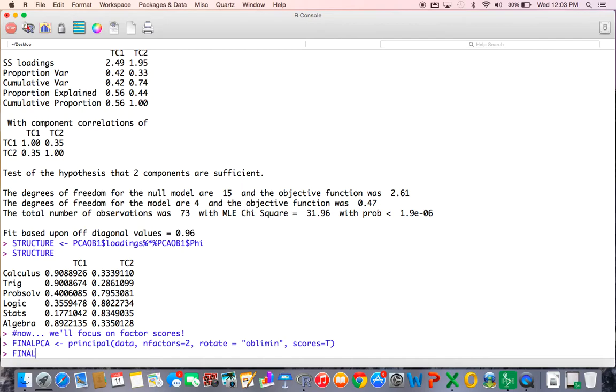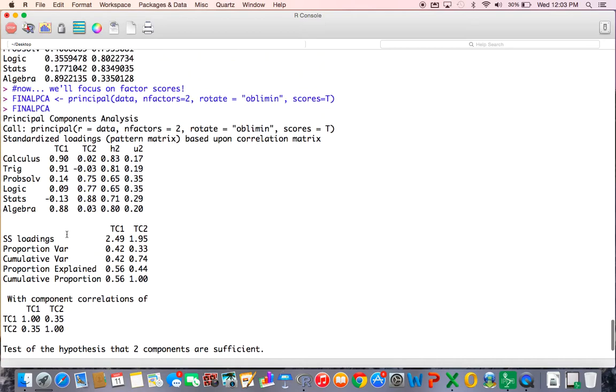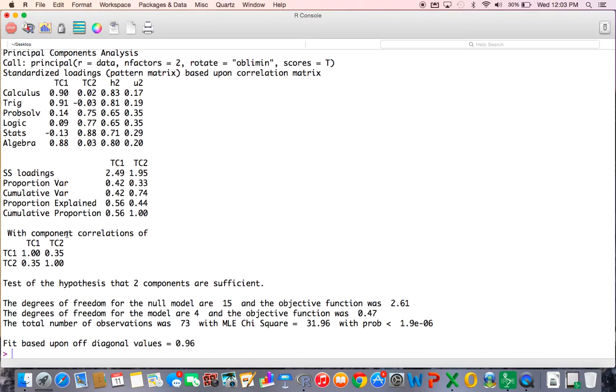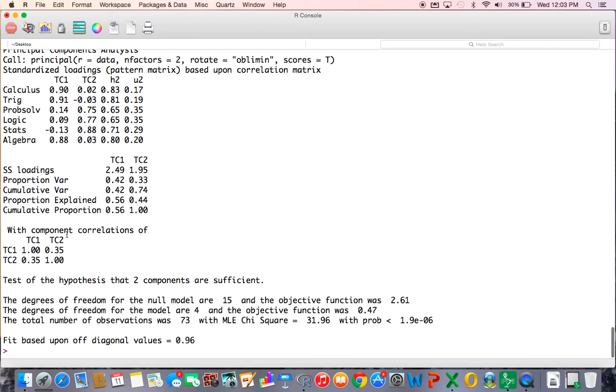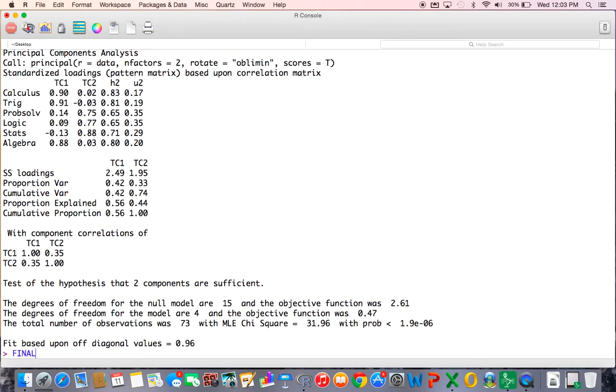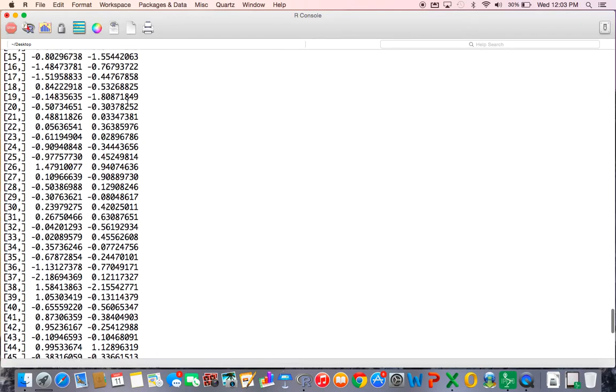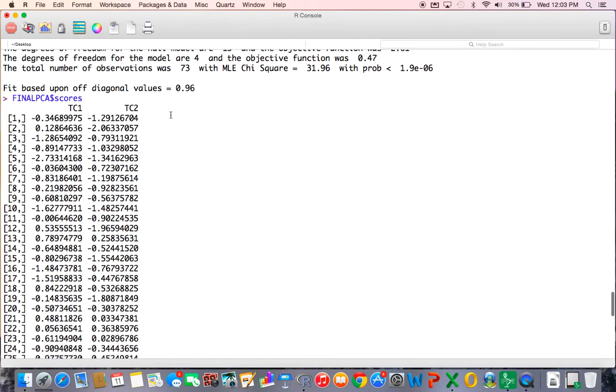And you type final PCA and you're like, wait a minute, what did Darbo do to us? There's nothing different. Well, just because you created the scores doesn't mean you yet see them. So I'll have to go final PCA $ scores. And we get our component scores for each of the students.